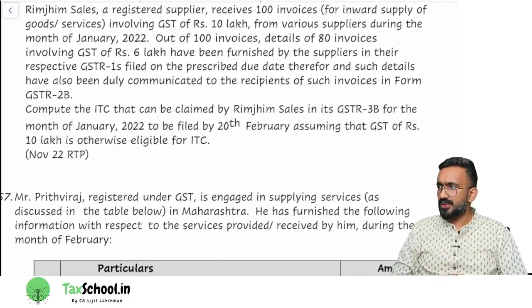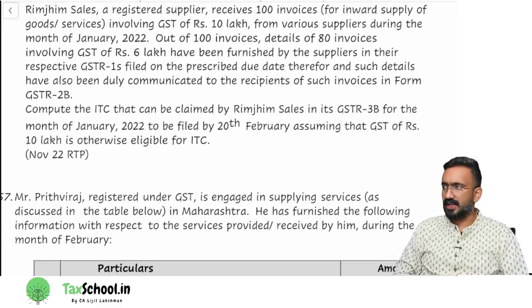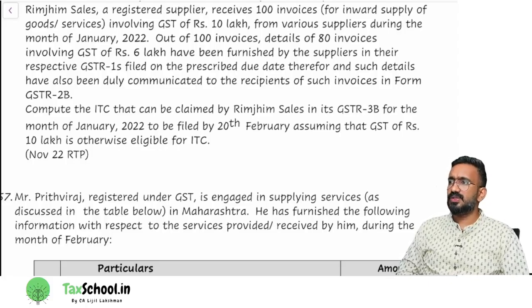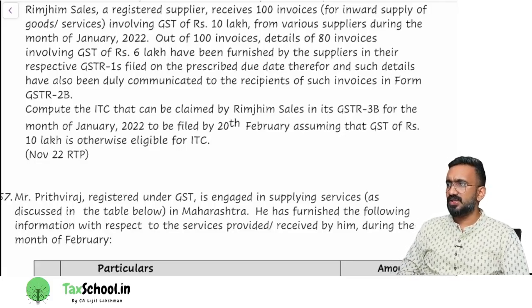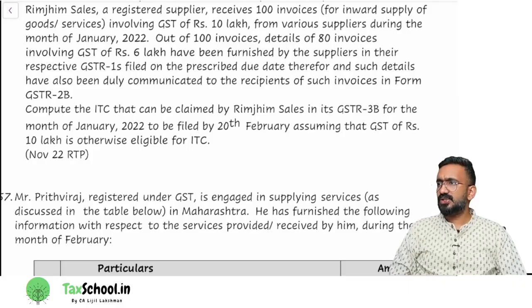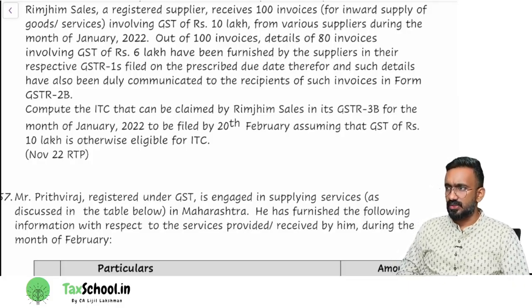Rimjim Sales, a registered supplier, receives 100 invoices for inward supply of goods or services involving GST of 10 lakh from various suppliers during the month of January. Out of 100 invoices, details of 80 invoices involving GST of 6 lakh have been furnished by the suppliers in their respective GSTR 1 filed on the prescribed due date, and such details have been duly communicated to the recipient in GSTR 2B.